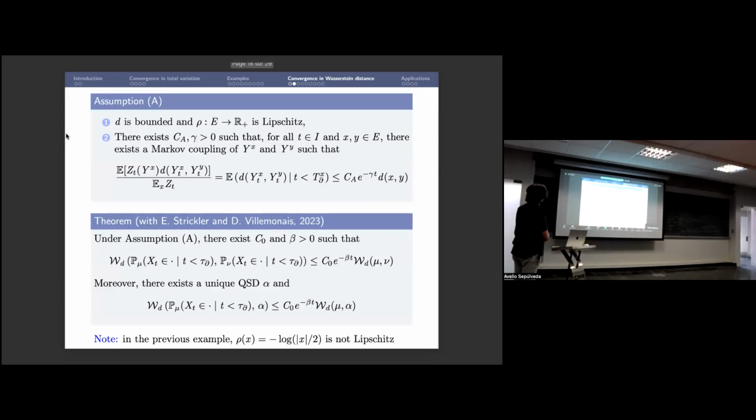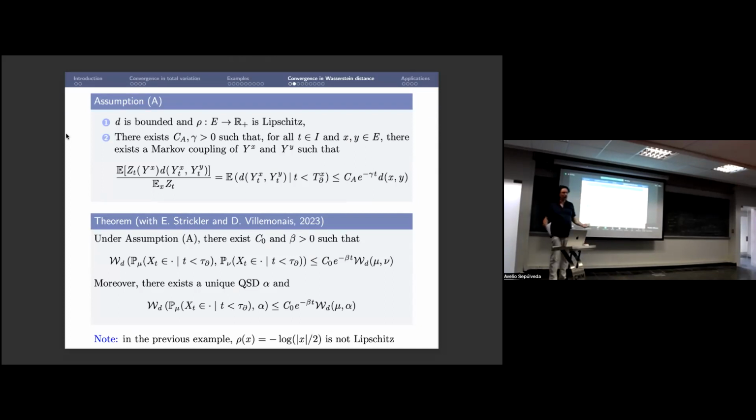Now, with this notation, I can state my main assumption that I call A. And so my assumption, there's something about the state space. So this is very simple, right? It's a first work, and it's just the basic case that we considered. I assume that D is bounded.